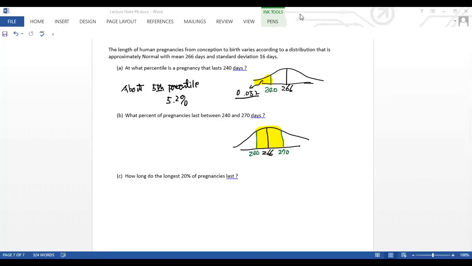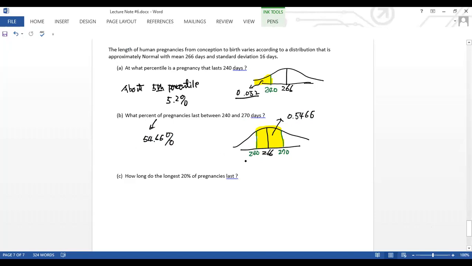Let's go back to our worksheets. From R, I can find this area, 0.5466. So we have 54.66% of the women whose pregnancies were between 240 and 270 days.